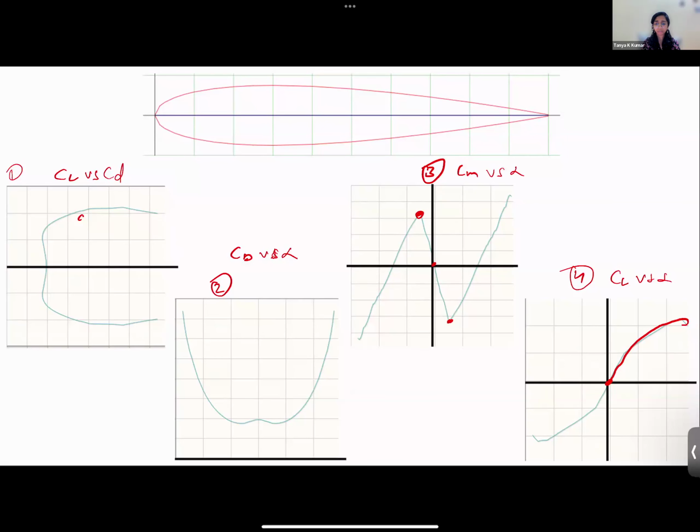Can you try and tell me? So it's because of the flow separation, right?